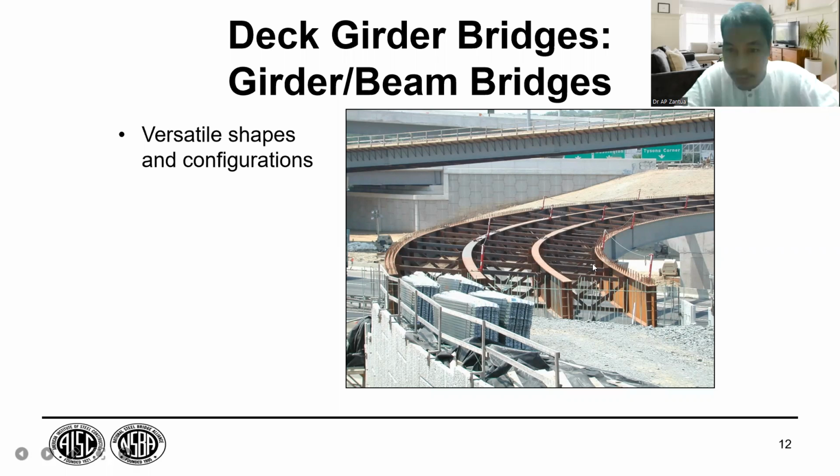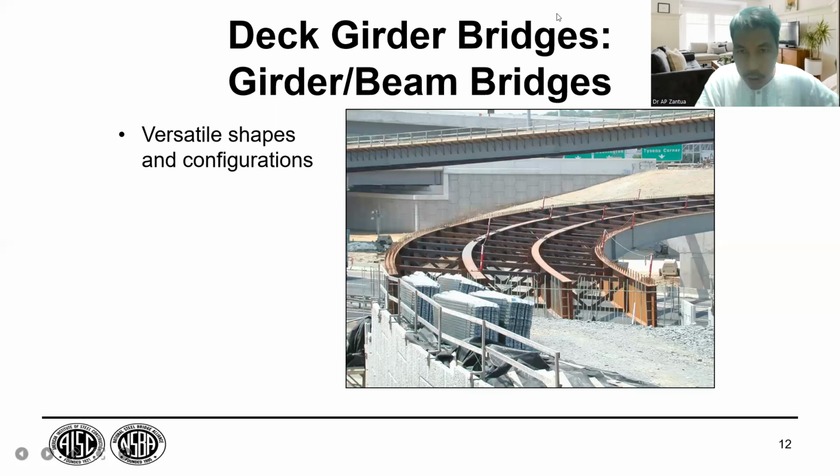Okay, so then on top of this, decking will be put up. Then on top of the decking, the pavement will be placed. So that is what we call girder beam bridges.